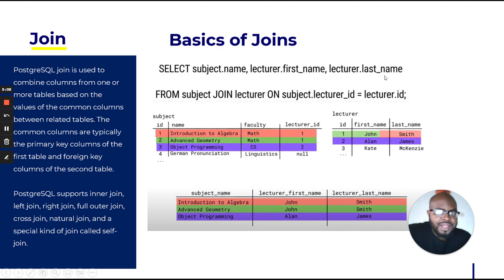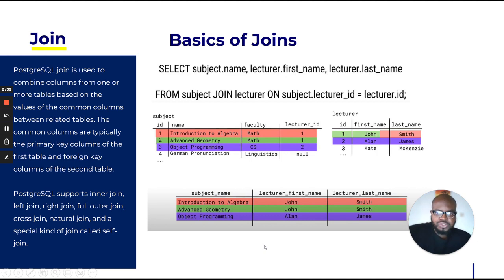And lecturer dot last name, from subject, that's my subject table. Then join lecturer on subject dot lecturer ID equals lecturer dot ID. We spoke about this. We said we always join on the matching ID. If I run that query, I'm going to get this result at the bottom here.